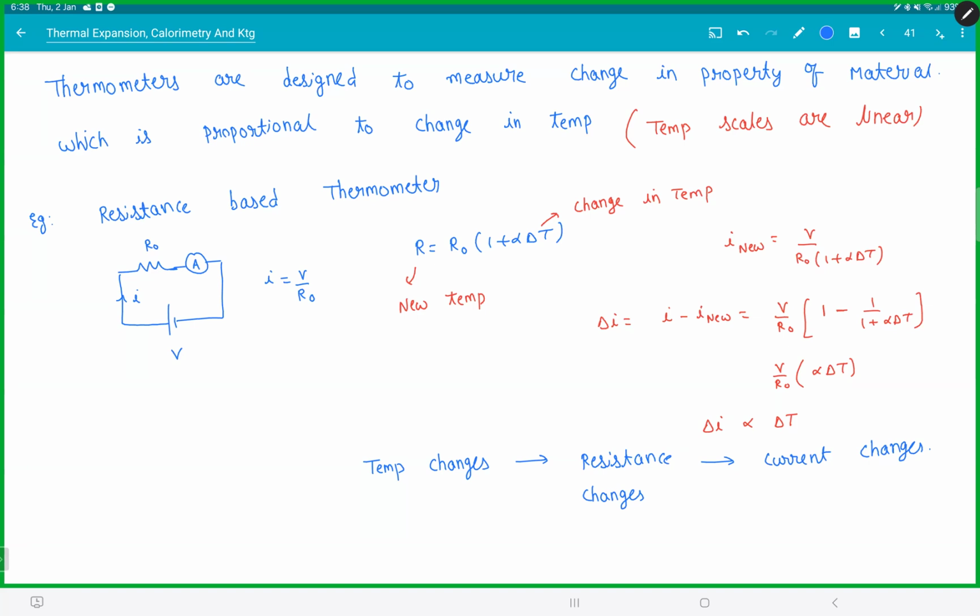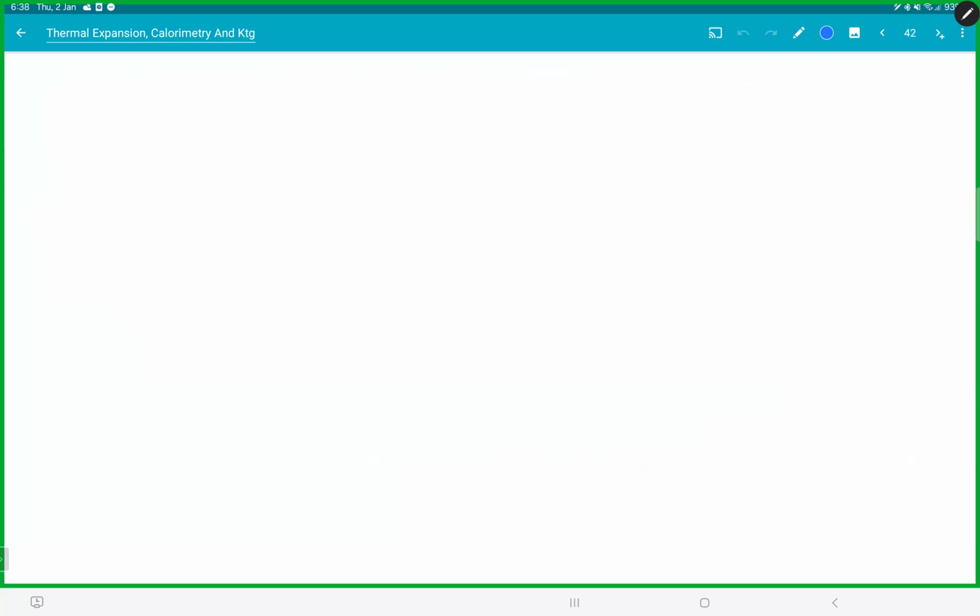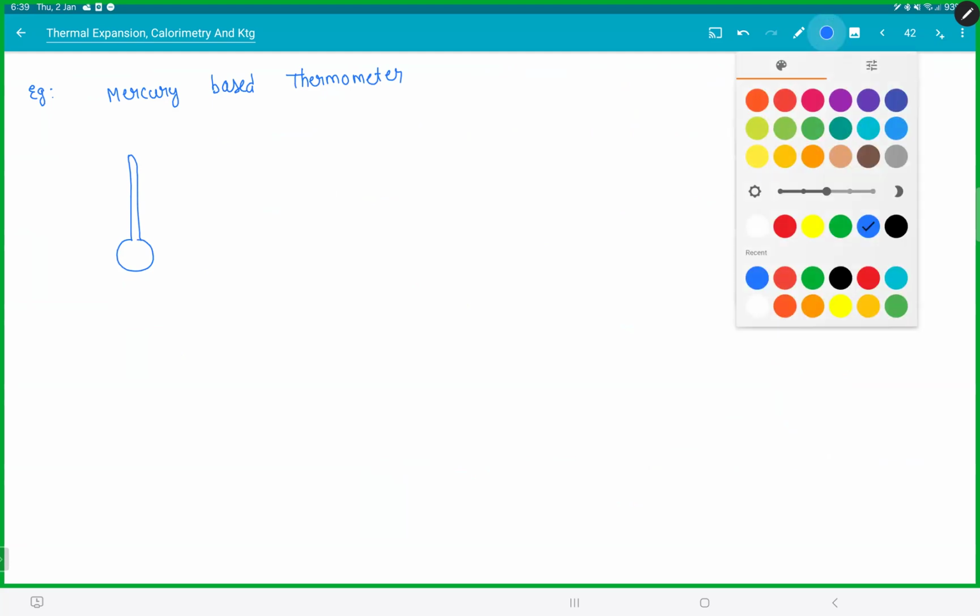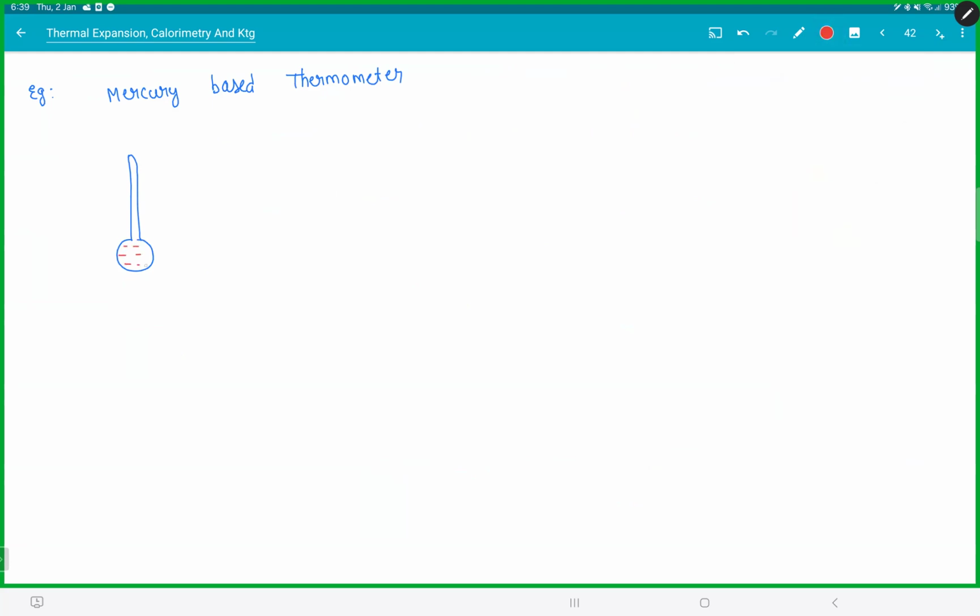Have a look at this. Clear with this? So this is one type. The old standard one, which you must have seen as a kid, is the mercury-based thermometer. In a mercury-based thermometer, you have a bulb here, and inside it is filled with mercury.